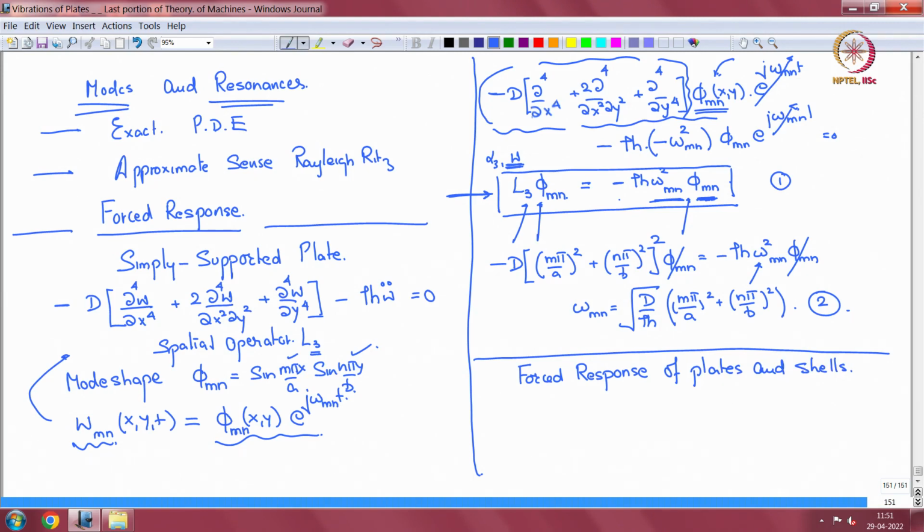So now we are going to expand the displacement as a weighted sum of the mode shapes. Why? Because this set of mode shapes is, one, orthogonal, and the other, they are complete.